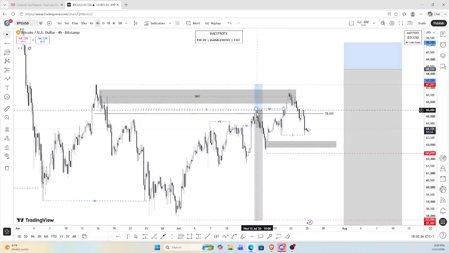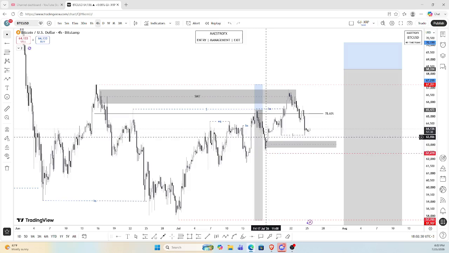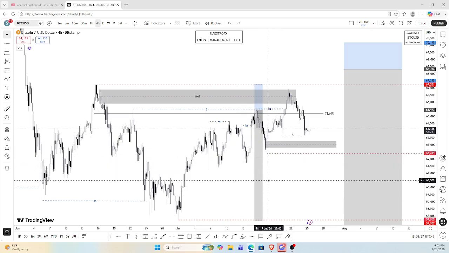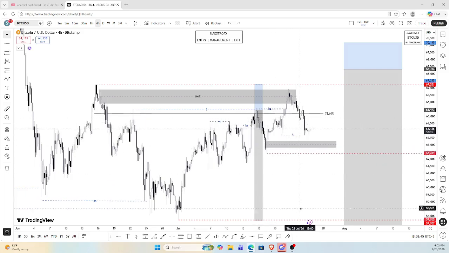I was anticipating that once we take this internal liquidity, we break structure, take this low and change that structure, and after that change of character, I was anticipating a correction to get that continuation.